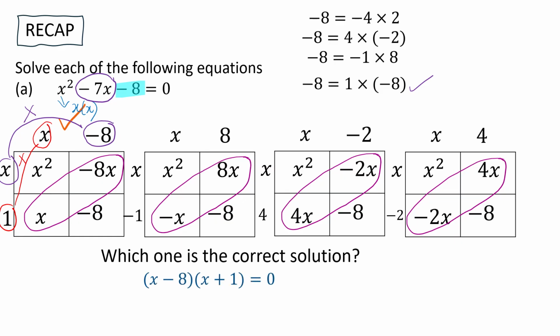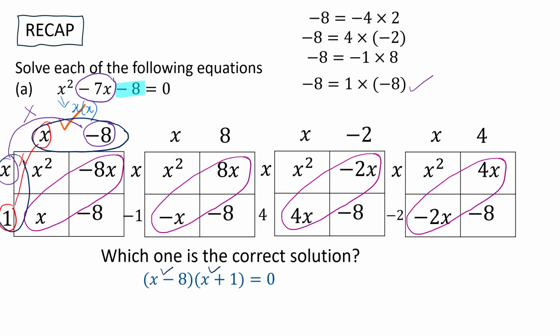So what are the linear factors then? The linear factors will be x minus 8 and x plus 1 equals 0.